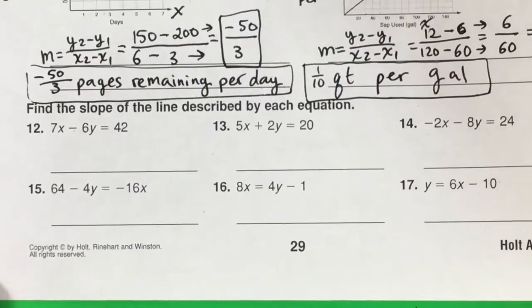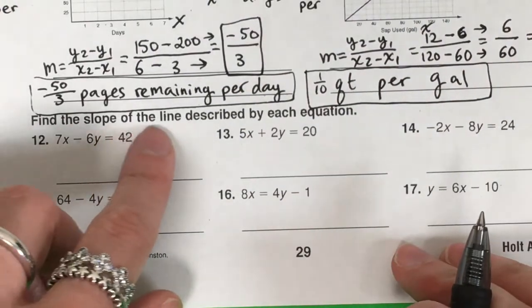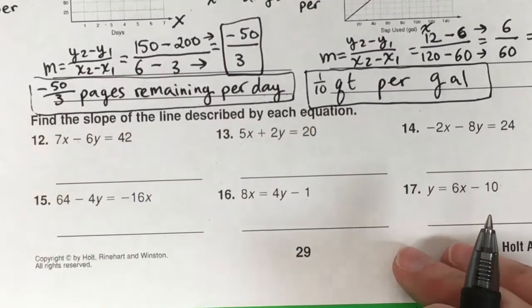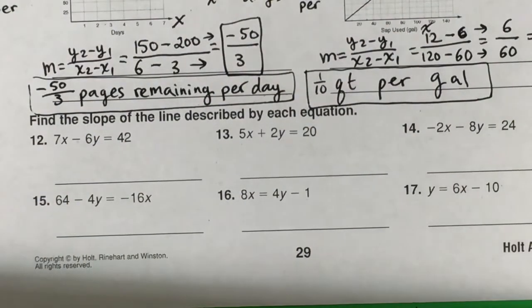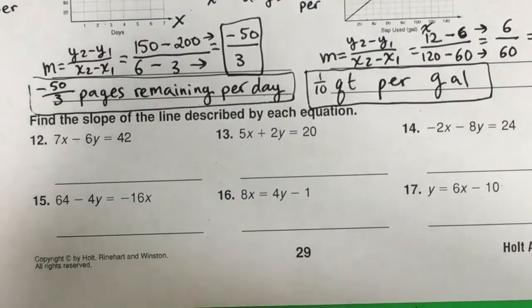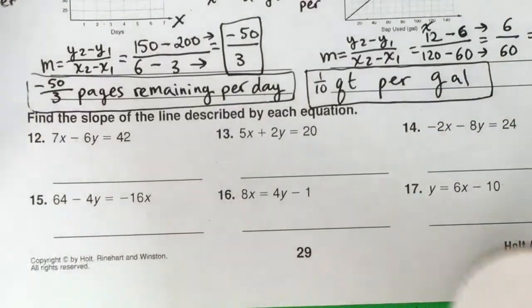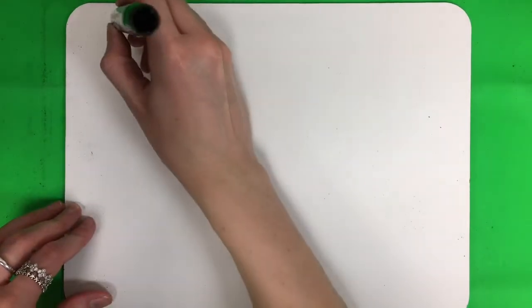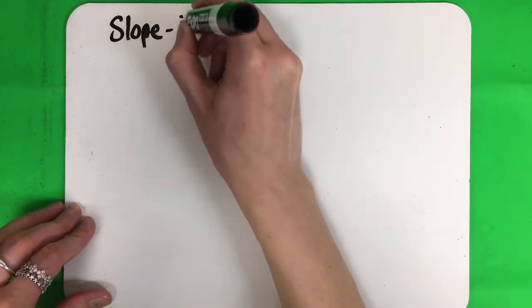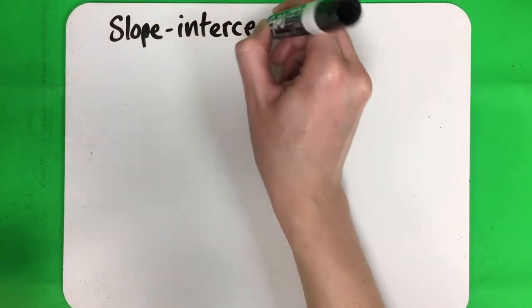Now let's go ahead and look at these next questions. They said, find the slope of the line described by each equation. Okay, this one's a little different. Let me talk to you about slope-intercept form. Okay, so let me go ahead and zoom out. Okay, let's talk about slope-intercept form.